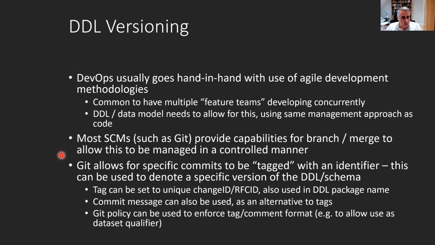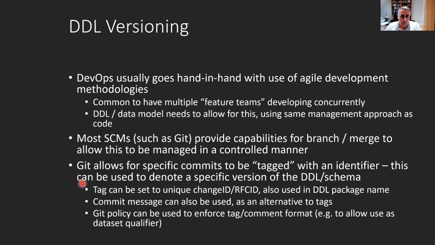The way in which we do this, Git and other SCMs allow specific commits, specific sets of changes, to be tagged with an identifier of your choice. And once you've done that tagging, we can use that to denote a specific version of the DDL and schema.